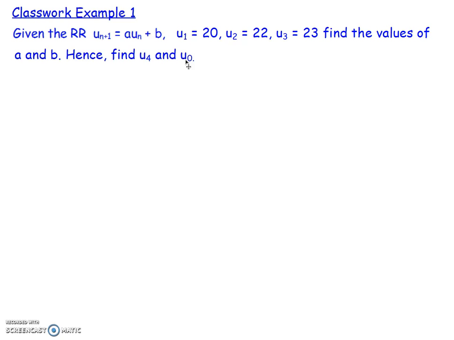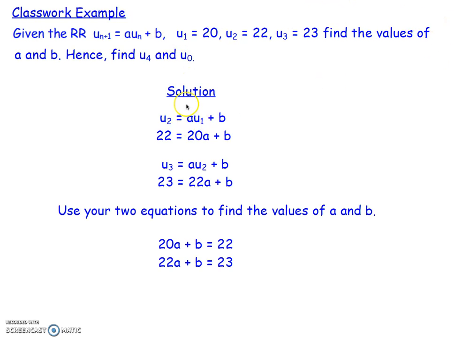So I'm going to talk through how to solve this example, and you can check your answer and see how you got on, and make any corrections you need. So let's talk through this one. First of all, we're going to form our two simultaneous equations.